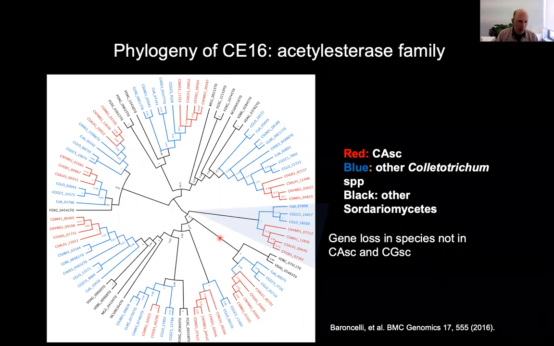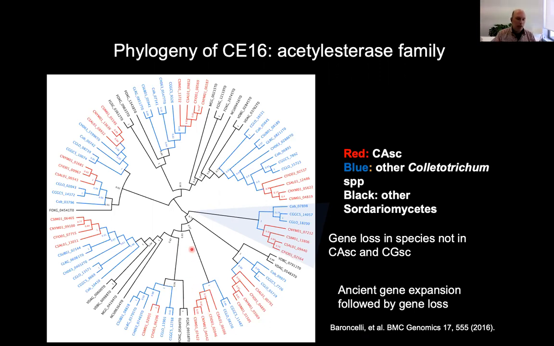In fact, if you go around the phylogeny, you find many examples of this. Here, just about all of these clades, we find gene losses in all of the species except for the Acutatum and Gloeosporioides species complexes. So what does this mean for us?